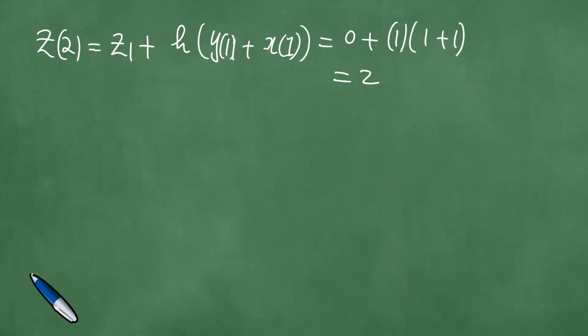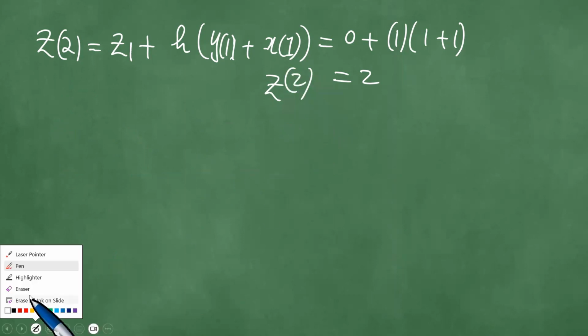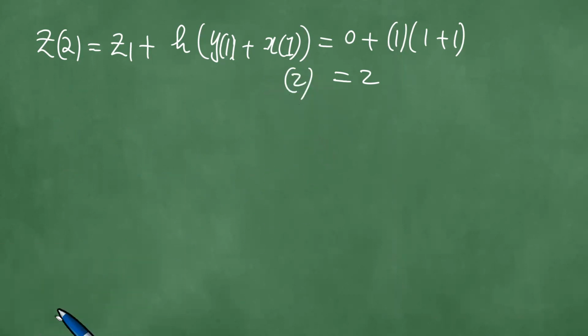So next we got the z2, this one. And now we need to get y3. What is y3?